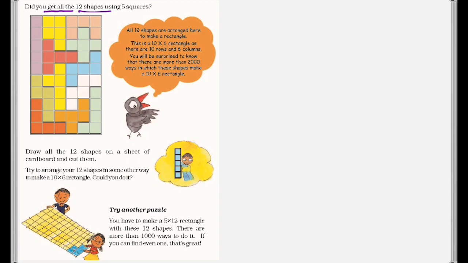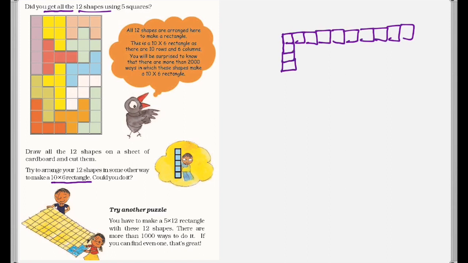Now you need to draw them on a cardboard and try to arrange the 12 shapes in some way to make a rectangle which is 10 by 6, which means 10 squares like this, 4, 5, 6, 7, 8, 9, 10, and 6 squares like this. So you need to make a rectangle like this.